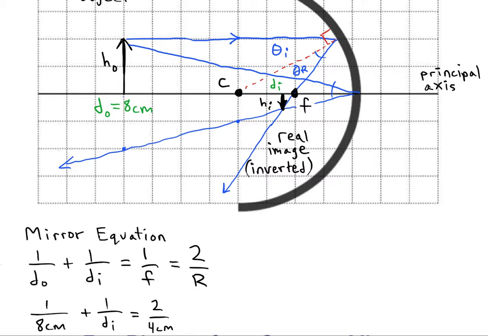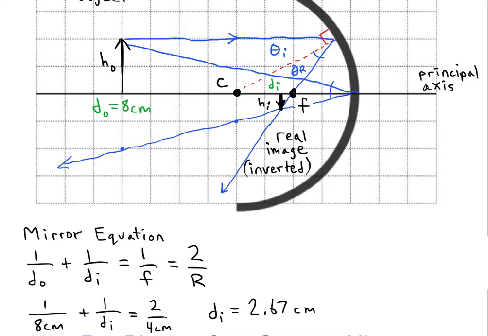So I'll just use that. I could find the focal length if I want. It's just going to be 2 centimeters, of course. But I don't need it. All right, I'm getting an image distance of 2.67 centimeters.